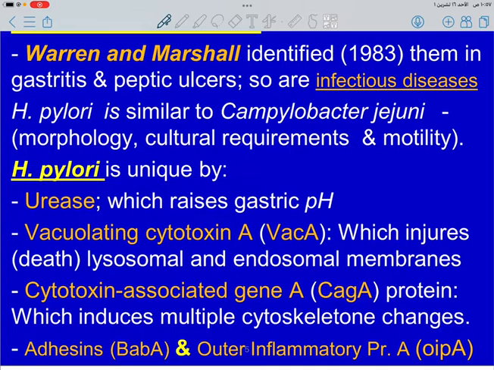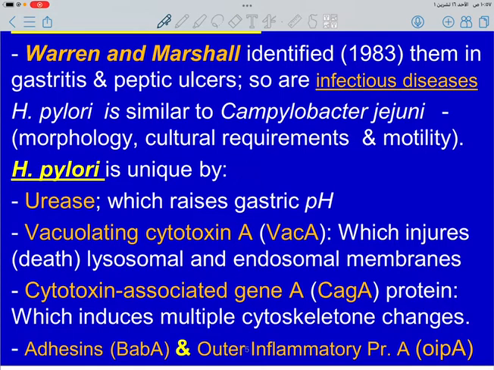Right. H. pylori has similarity to Campylobacter jejuni. Even before 1983, they were in the same genus, and they were called Campylobacter pylori.